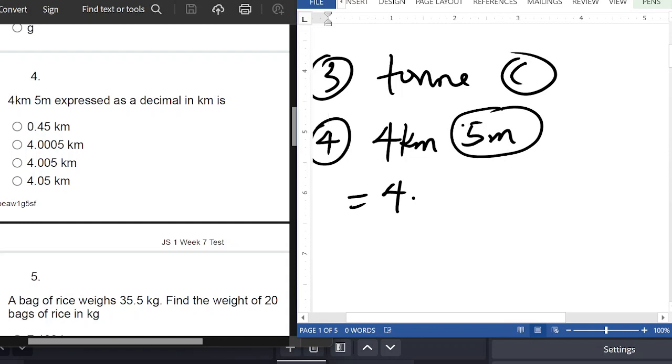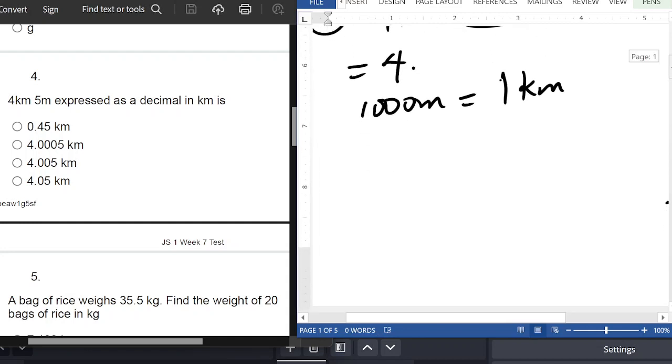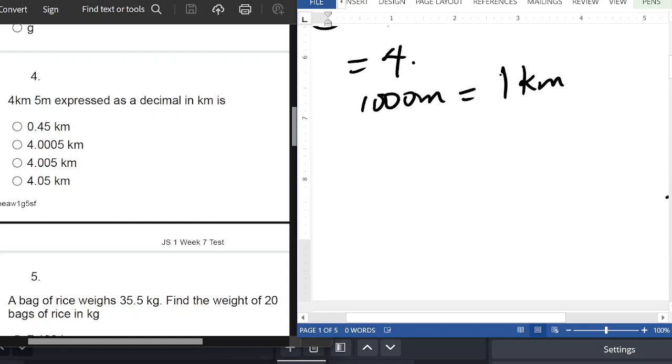So the question now is, how many meters will make a kilometer? That is 1,000 meters equals 1 kilometer. Since we are moving from a small to a big unit, as I've said earlier, we divide. So 5 meters, we want to change to kilometers, then we divide.